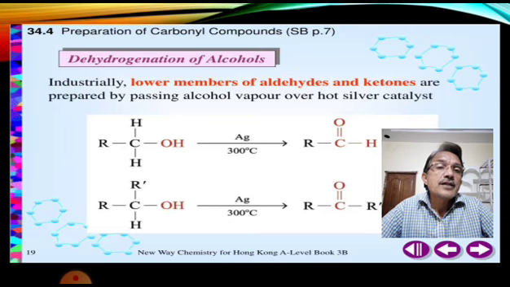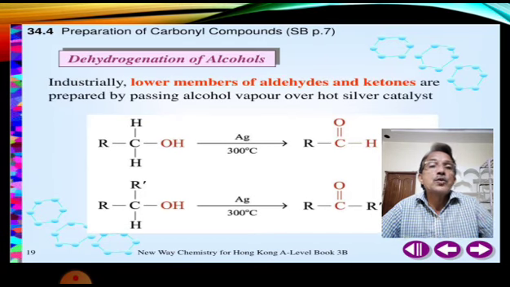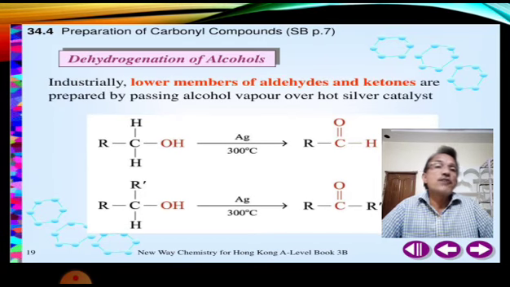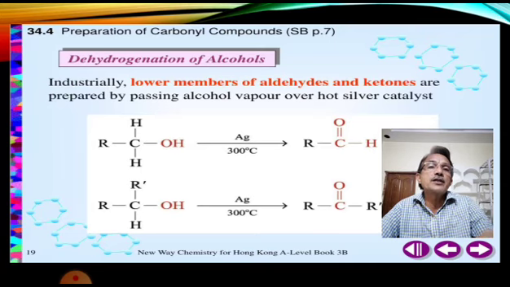In these two reactions, dehydrogenation takes place. Removal of hydrogen is called dehydrogenation. Here, powdered silver is used as a catalyst. So, a primary alcohol on dehydrogenation gives an aldehyde, whereas a secondary alcohol on dehydrogenation gives a ketone. Dehydrogenation of alcohols is one of the methods to prepare aldehydes and ketones.